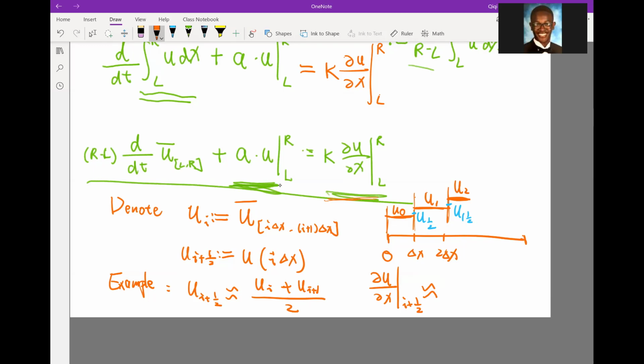Could you do the derivative at i plus the derivative at i plus 1 over 2? Yeah, I can do the derivative at i and derivative at i plus 1 averaged, but I don't actually know the derivative at i and i plus 1. All I know is the volume averages at the ith interval and the i plus 1 interval, right?